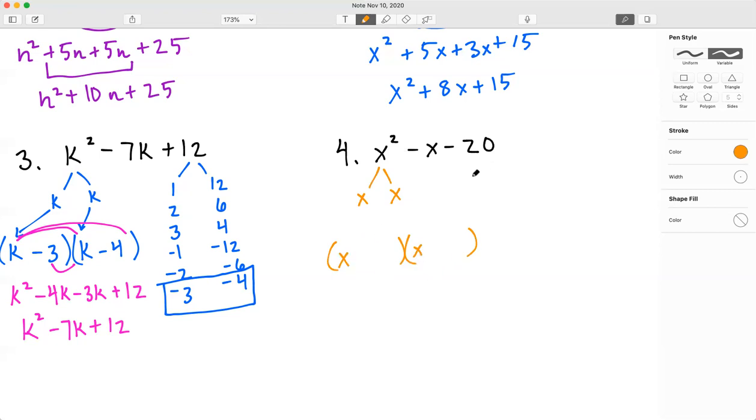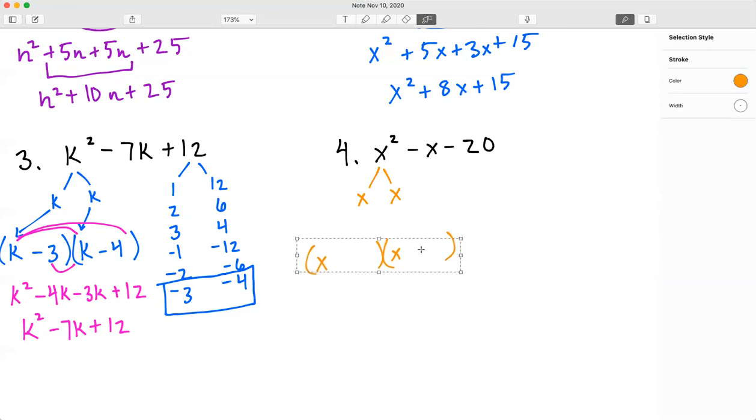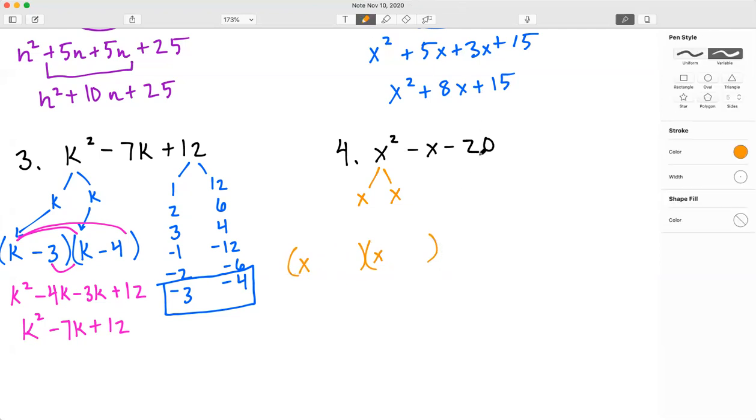Well, let's split this into factors over here and find out. I'm going to move this over a little bit. So we have 1 and, well, don't forget this, we have a -20 here. So that means that it's going to be 1 and -20 that are multiplied together to get that. Then we have -1 and 20.